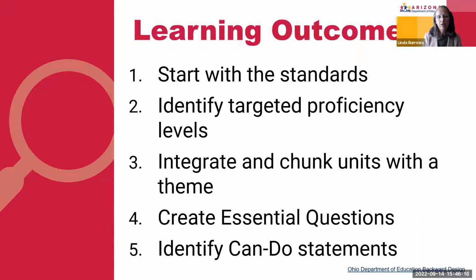If you haven't taken a look at them lately, they're written the same regardless of whether you're teaching a second grade dual language program or a junior in high school in their first 1-2 class of Mandarin. It's the same regardless. So you want to start by identifying those targeted proficiency levels. Is it novice mid, novice high, intermediate mid, intermediate high, wherever the students are?